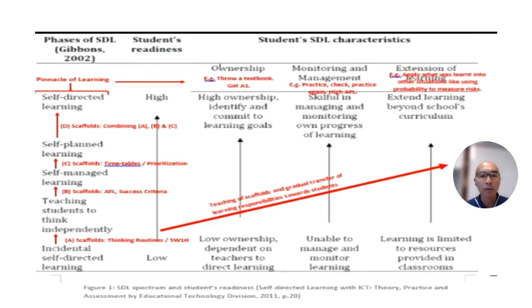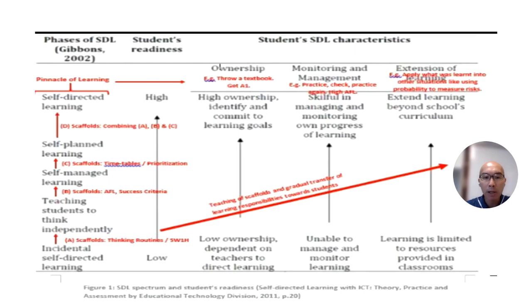So as we can see from this chart by Gibbons as well, self-directed learning is a spectrum which can range from incidental self-directed learning to fully fledged self-directed learning. Under the incidental category, learning is usually spontaneous, unplanned, and unstructured.